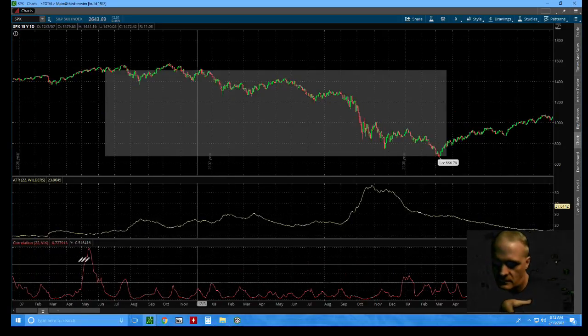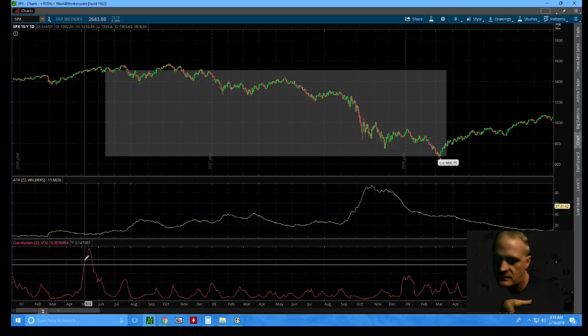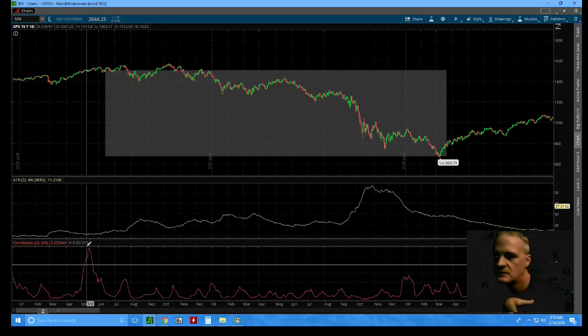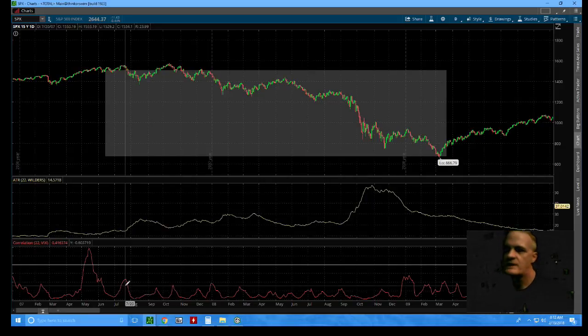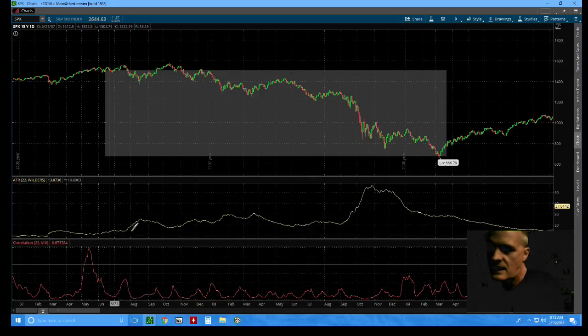So here, this is 2007. We saw a big spike, correlation turned positive, and even though it turned negative, so prices and VIX were moving in opposite directions. That's what negative correlation means.